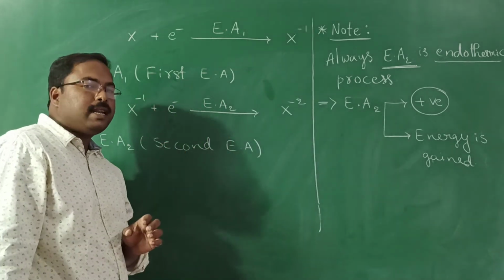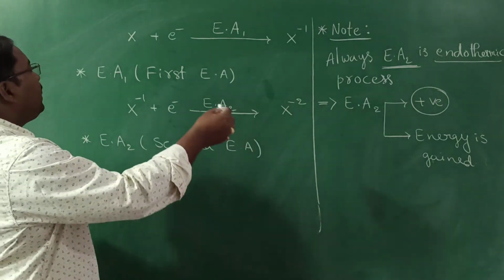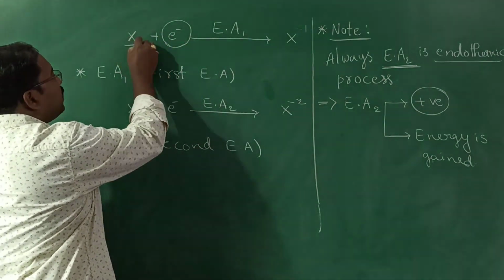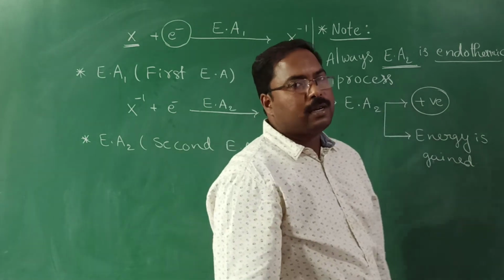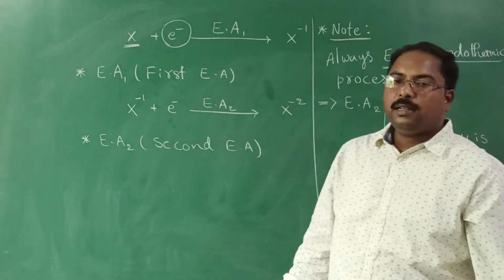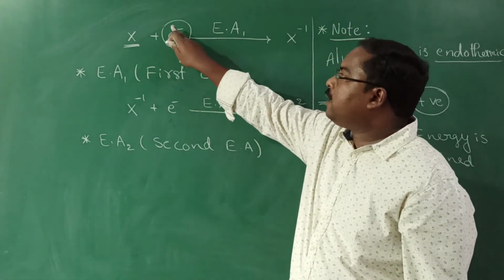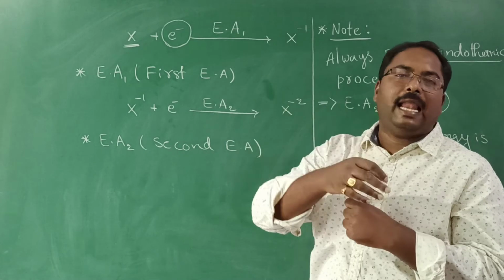Now let us discuss the reason why it is positive. In the case of first electron affinity, we are adding an electron to a neutral atom, because an atom is always neutral in charge. So there is no charge to attract or oppose this incoming electron.